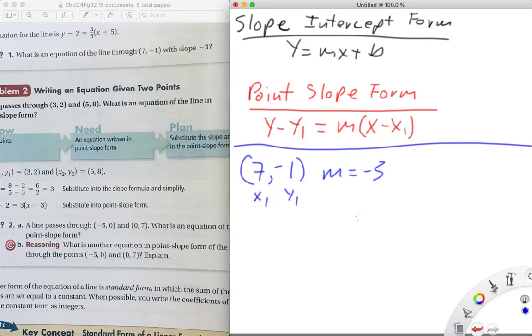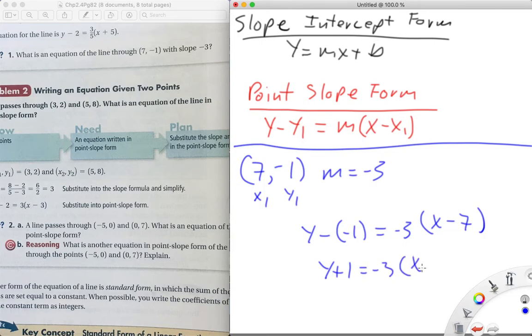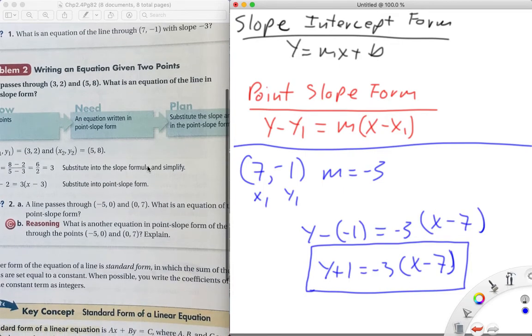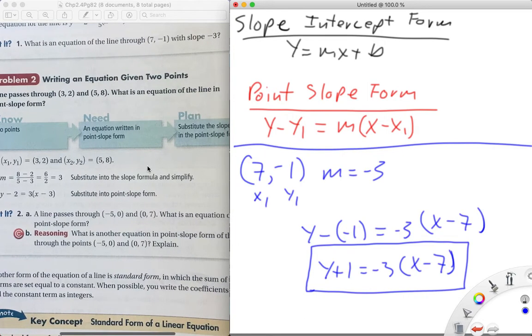So when I substitute that in, I have y minus -1 equals -3 times x minus 7. Then that would be y plus 1 equals -3 times x minus 7. This would be our equation in point slope form. That's if they give you a point and a slope.